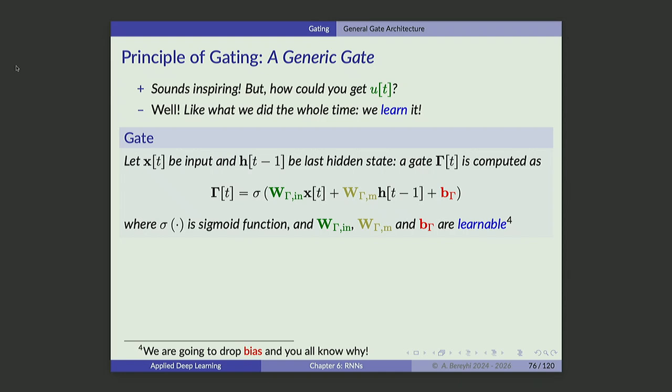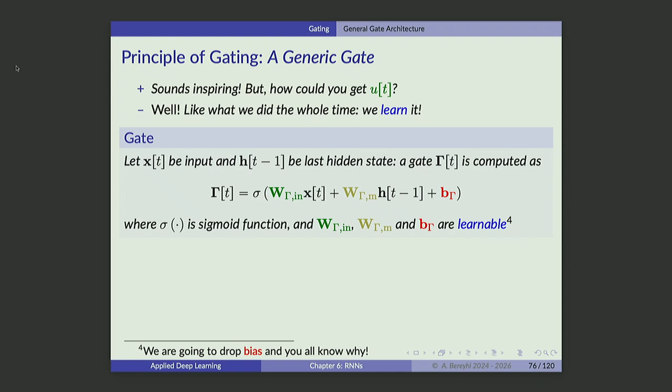If I have one piece of information x at time t, and I have the hidden state at time t minus 1, then this is the whole information I have at one particular time. I can multiply them with a bunch of weights, which I can learn, and then potentially add a bias as well. Once I have this, I just activate it, and I want it to be between 0 and 1.